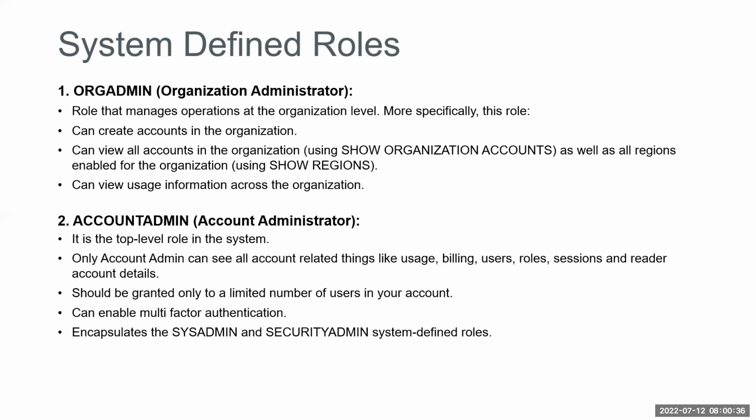For now, if we are the account admin, we are seeing, right, how many credits we are consuming per day, per month. Okay, so that level of information for each and every account, that means for organization level usage, org admin only can see. Okay, so this is about the org admin. So we'll not have any practical session with this, and even in real time we don't see this role at all.